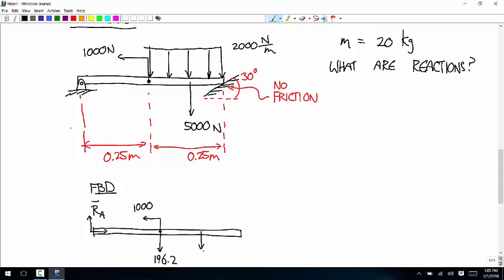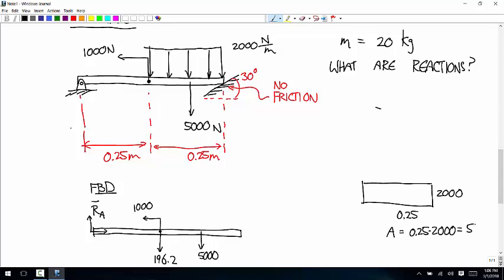There's a downward force of 5,000 halfway between the middle and the right end, and at that same location, there's the force applied by that distributed load. That distributed load has a base of 0.25 and a height of 2,000. So the area is 0.25 times 2,000, so 500. So in that same place that there's the downward force of 5,000, there's also a downward force of 500.